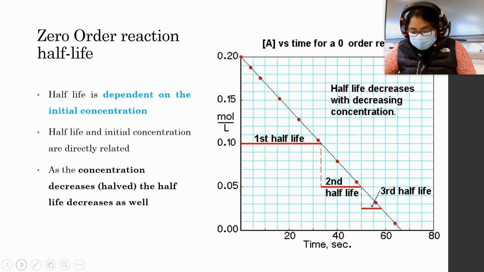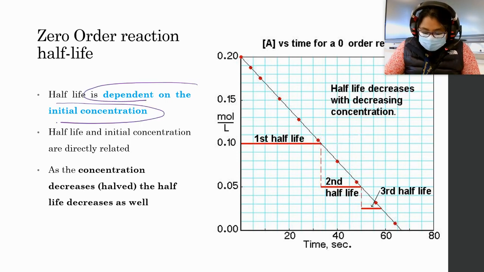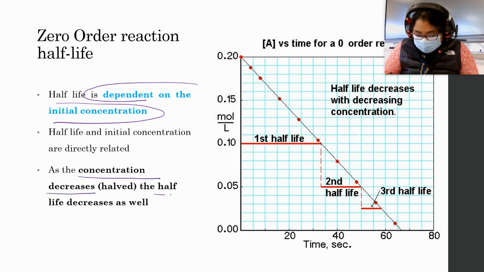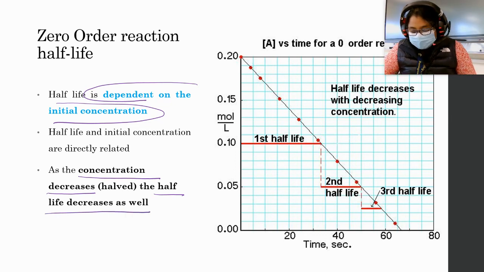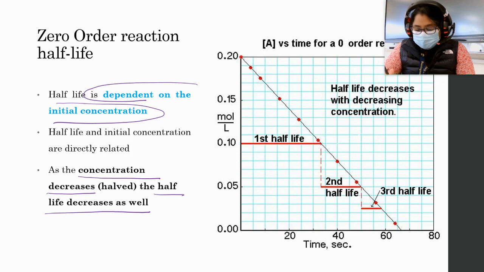So let's see how that affects your half-life. Half-life is dependent on the initial concentration. They are directly related. As the concentration decreases, the half-life is also decreasing. So they both fall down. So you're going from 0.2 to 0.1.